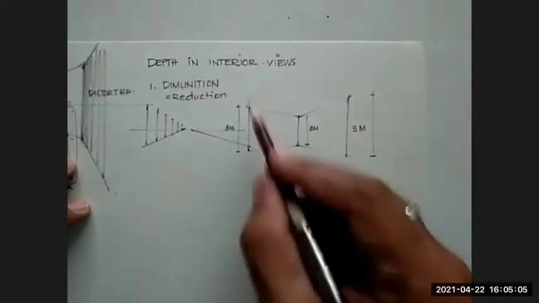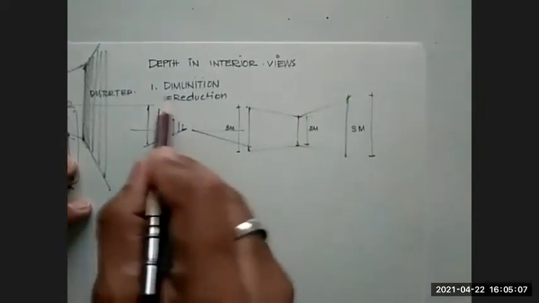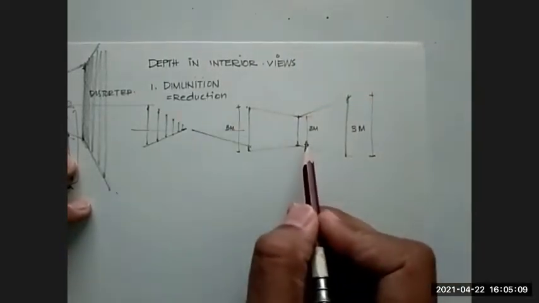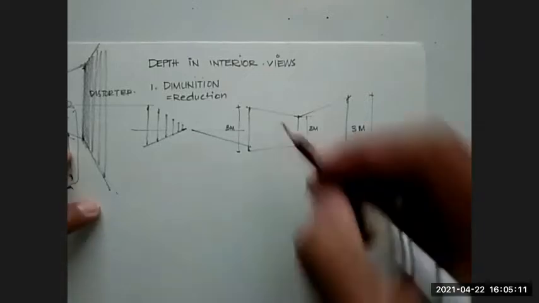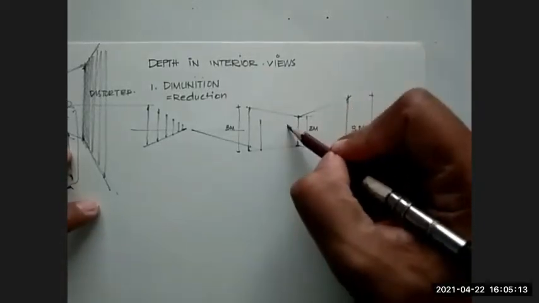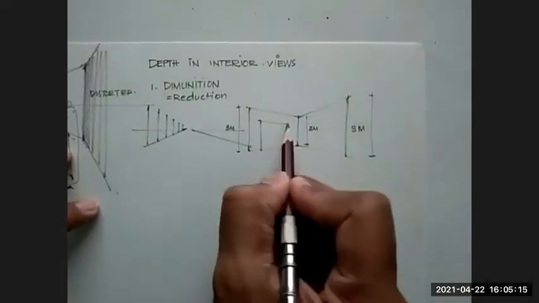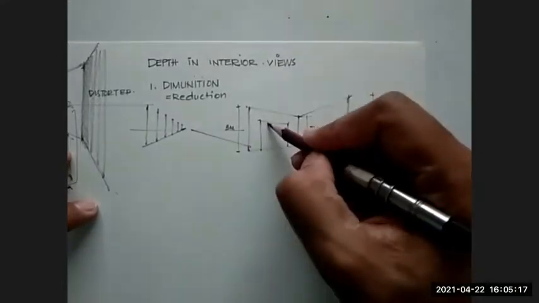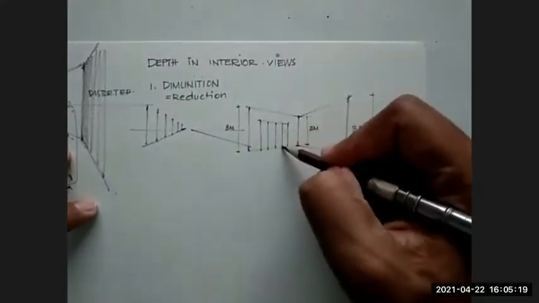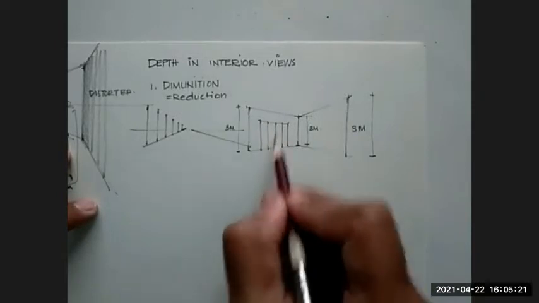So this is how the diminution rule or principle happens in the interior perspectives. Even if you look at some window opening and the partitions, again there will be some diminution happening.